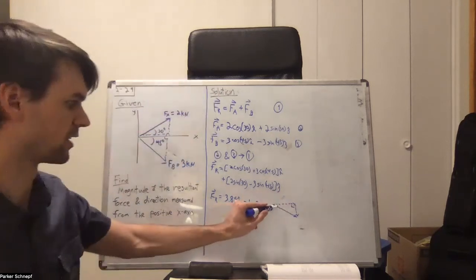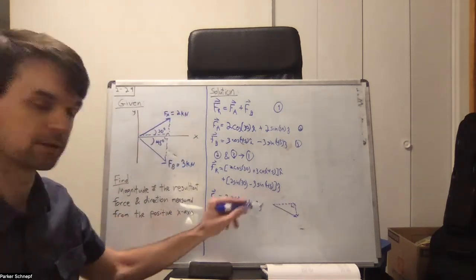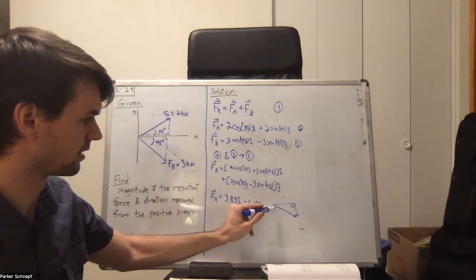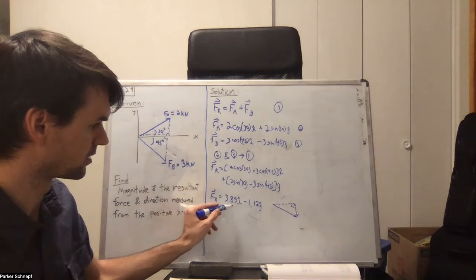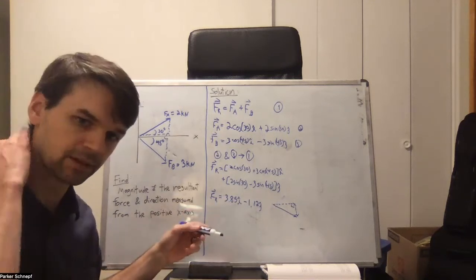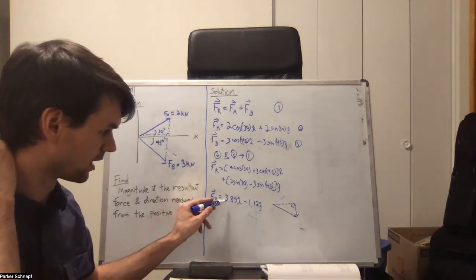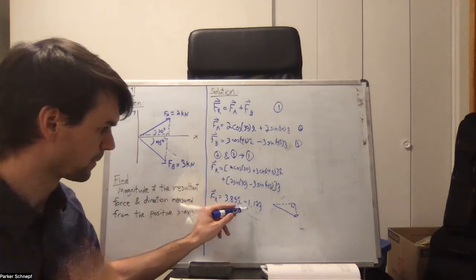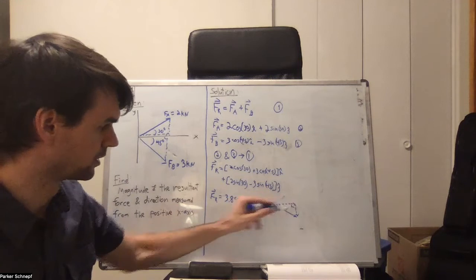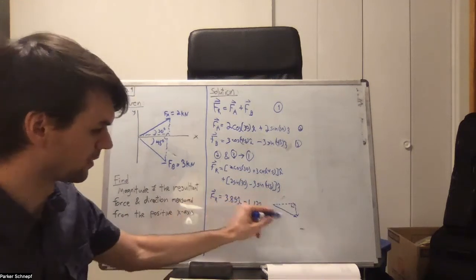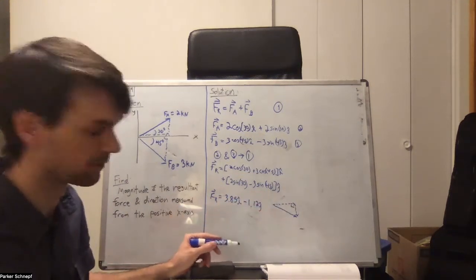And I basically end up with a little bit of a right triangle. So if I want to find the hypotenuse of this right triangle, the overall magnitude, I can just use our good old Pythagorean theorem and take the square root of 3.85 squared plus 1.12 squared.